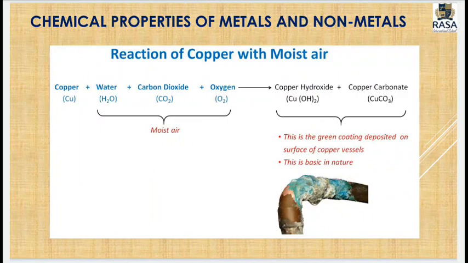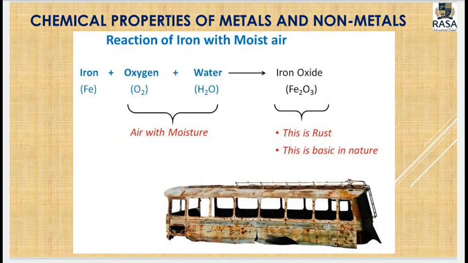Okay, and this is also a metallic substance which is reacting with oxygen, carbon dioxide, and water. This is also basic in nature. So this is about corrosion of metal where the metal is copper. Okay, now what about iron? Now iron also gets corroded. The special term which is used for iron is rusting.